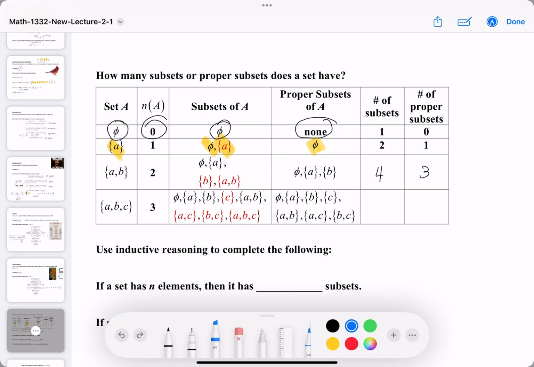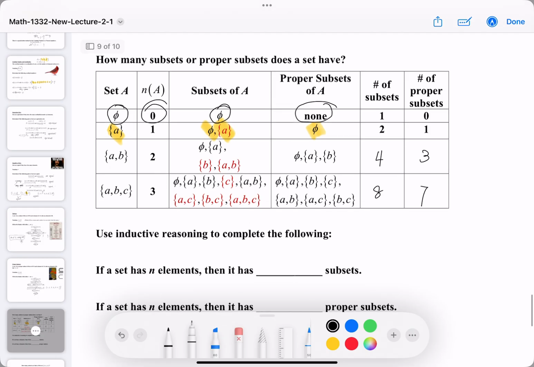So for the number of subsets, we can count how many we have: 1, 2, 3, 4, 5, 6, 7, 8. Let's put 8. And the number of proper subsets is 1 less than the subsets, since A is a subset of A. So we have 7.